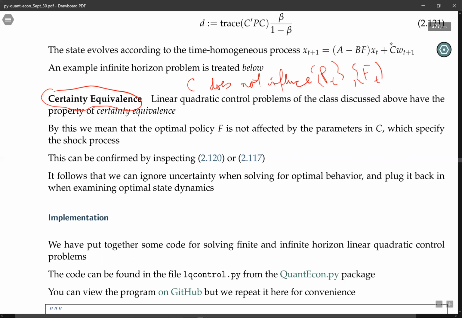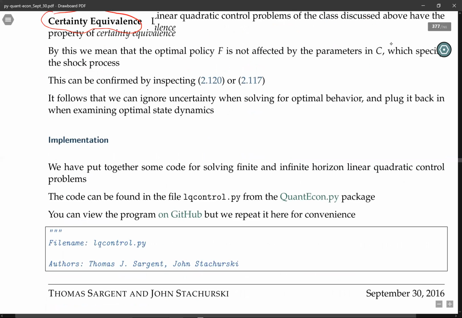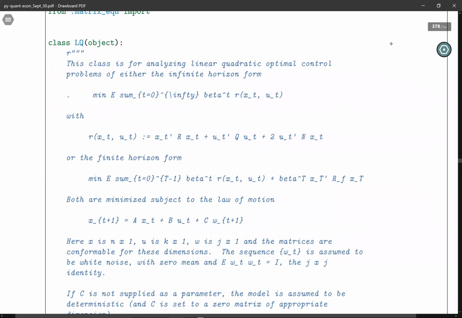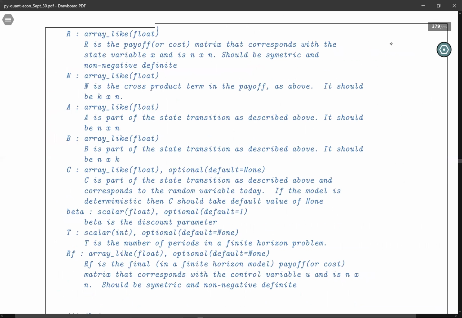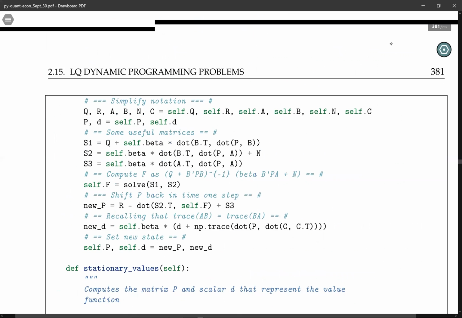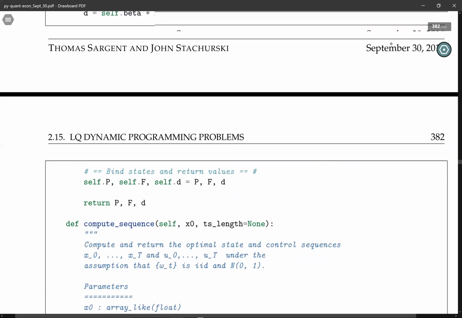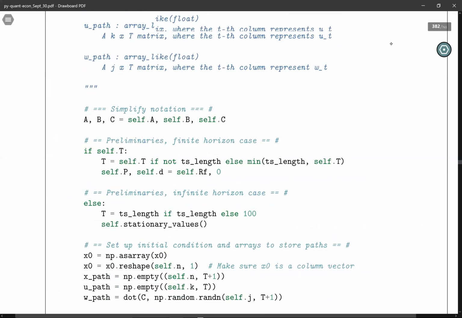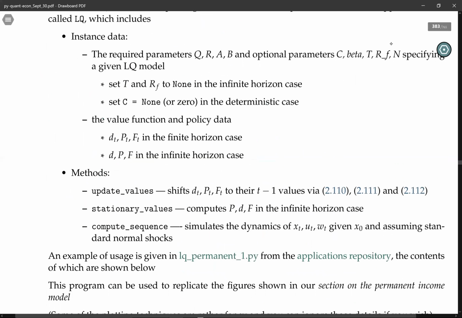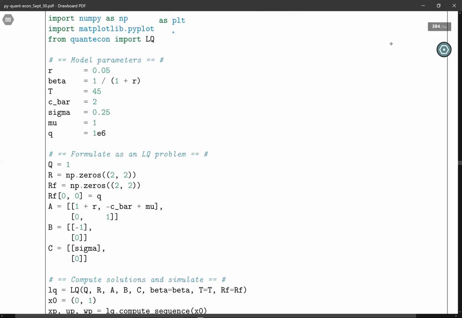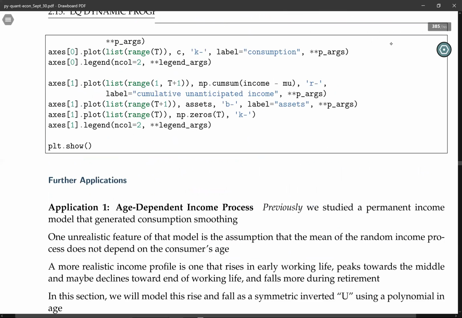That's important. That's what that's saying in there. Okay, well, actually, if you're interested in programming, there's some code, and I'm not going to make you do that, although you should know it's available. Turns out to be really easy code to write.